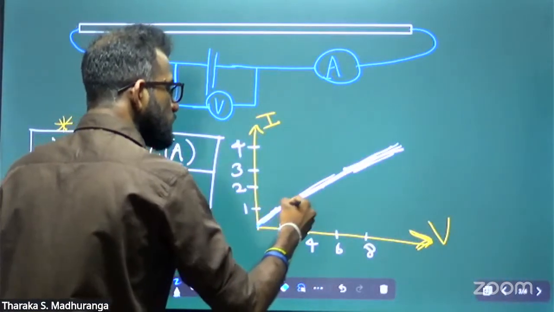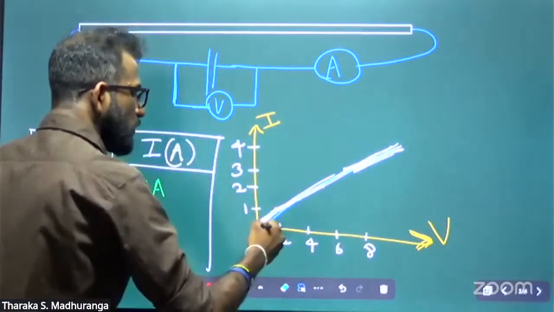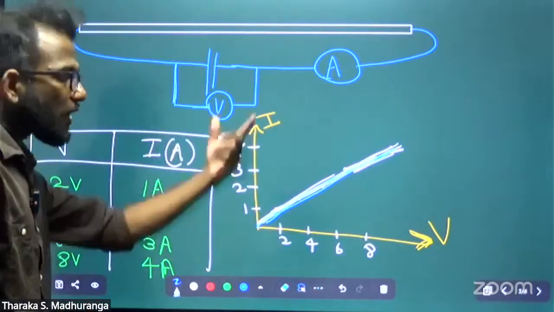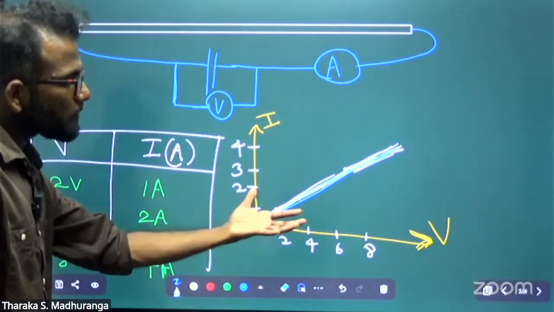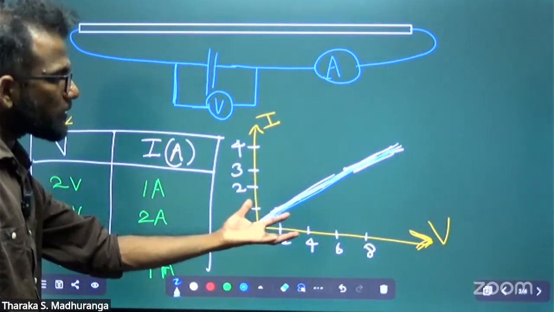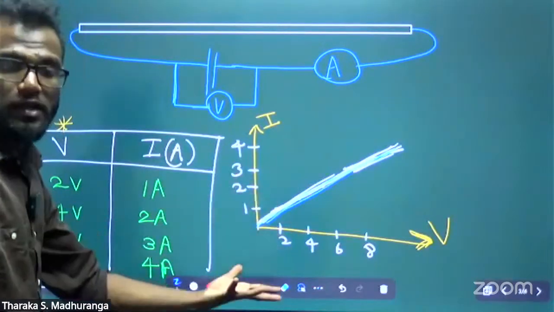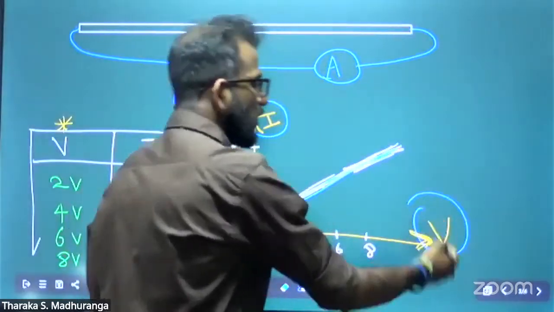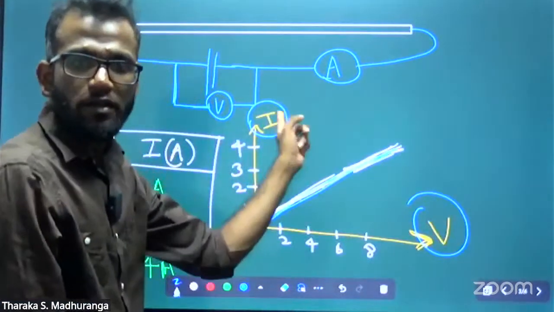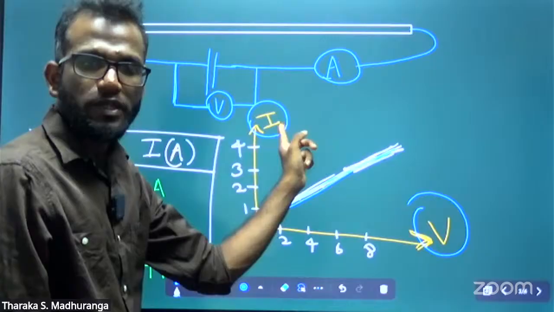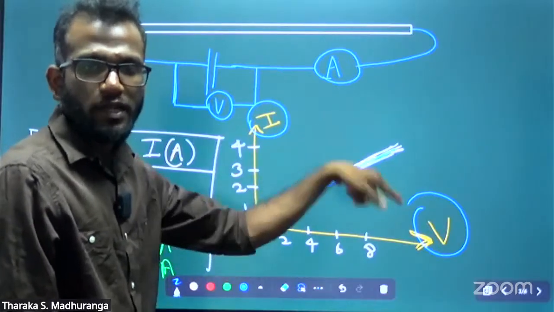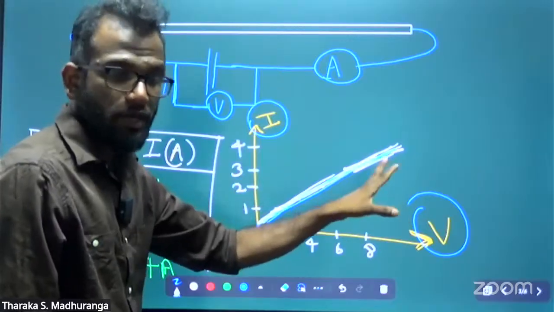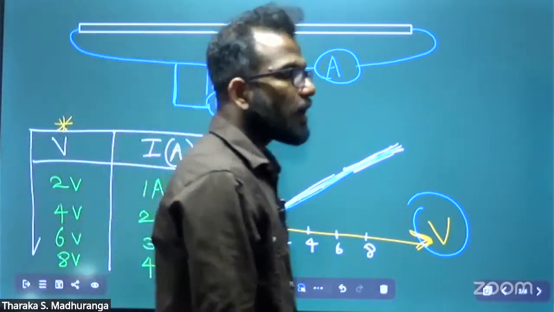It is a straight line going through the origin of the Cartesian plane. Then I understood, I can identify, there is a directly proportional relationship between I and V, voltage and current. Therefore, understand Ohm's law.